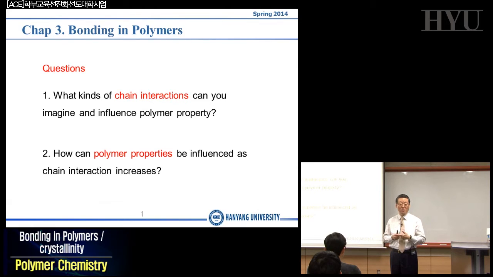If you're talking about a single bond, then the carbon-carbon interaction is based on the covalent bond. The carbon has an sp3 hybridized orbital structure, so an sp3 orbital of the carbon and another sp3 orbital of the carbon will form the covalent bond.